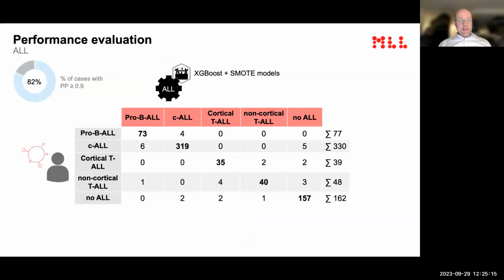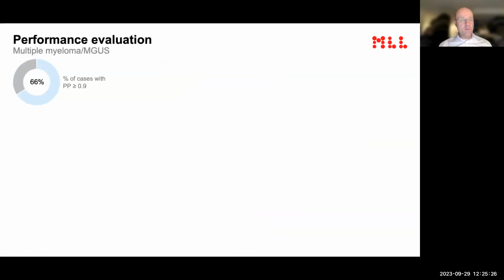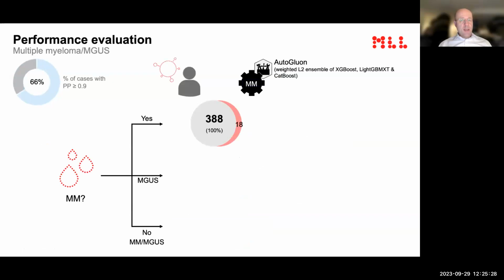For ALL, again, for the different subclasses, the majority of cases can be predicted at quite high accuracy, although there's room for improvement, of course. And this, I think, is also interesting, diagnosing myeloma or MGUS, or no myeloma, no MGUS.